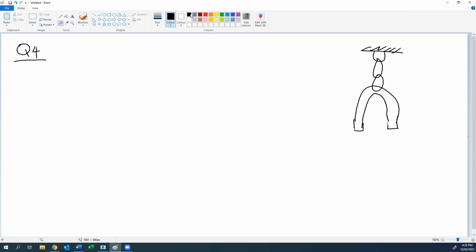Okay, and we have a pin or a bolt somewhere here, in black.